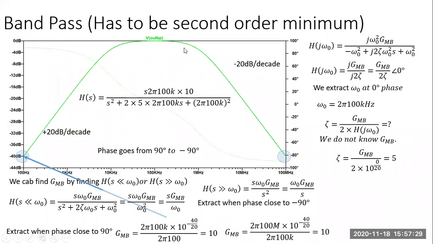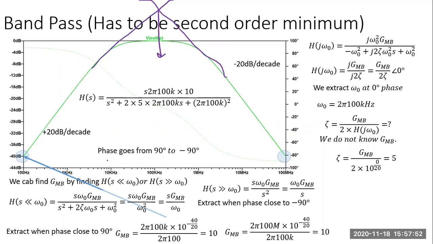Or you can look at drawing these two asymptotes. It's in the middle, because it's symmetric, the cutoff frequency is in the middle.